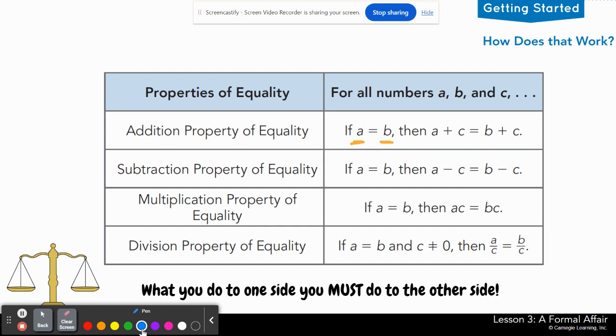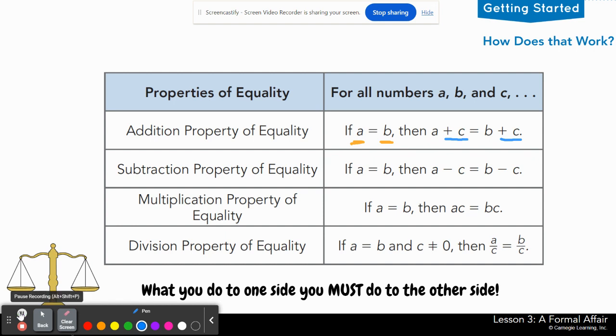Notice what happened to those two equations. All they did was add C and add C to both sides. And that is the addition property of equality. They added C to both sides, not just one, to both sides to maintain the equality.